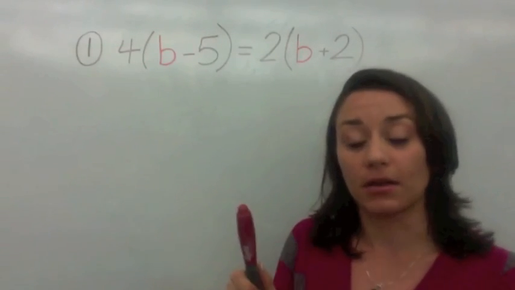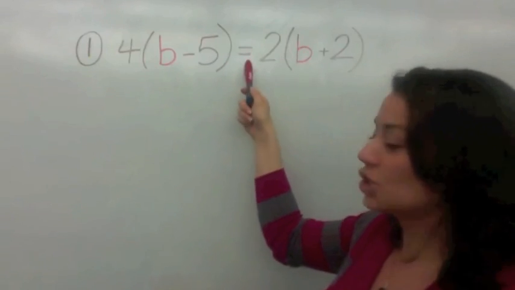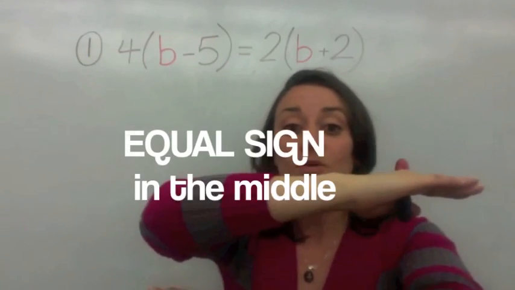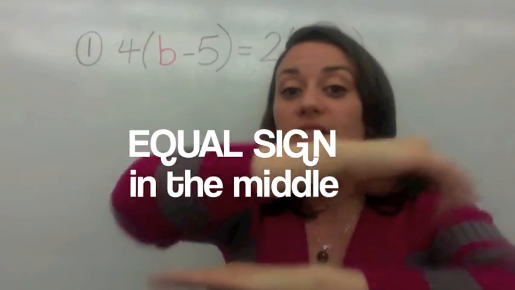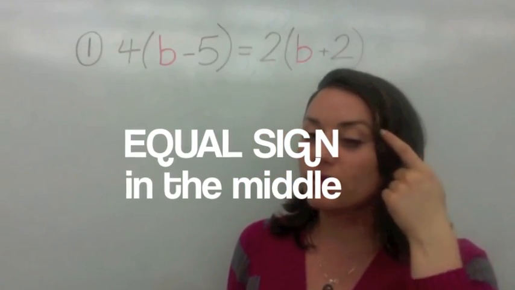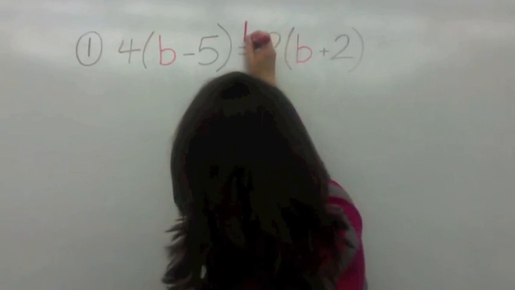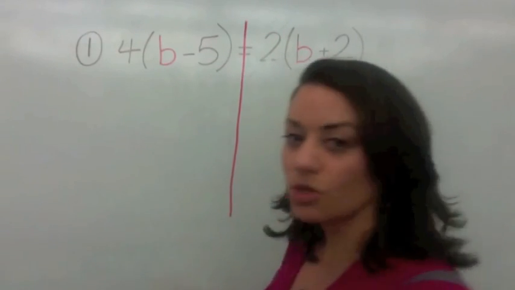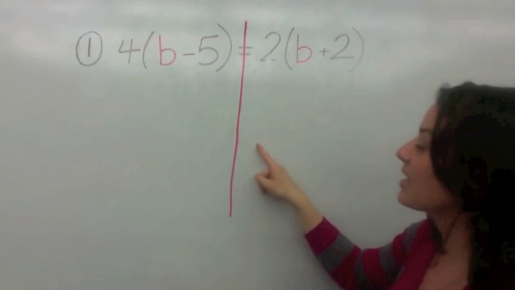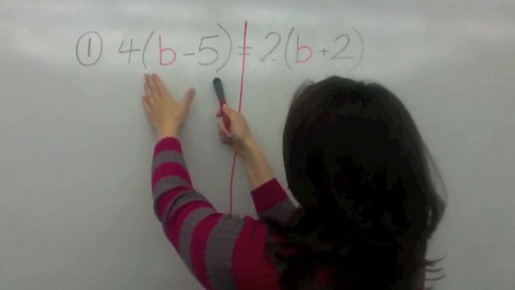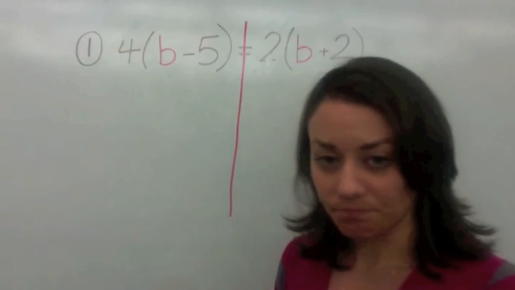What is in the middle of this equation? This is an equal sign. So when you see an equal sign in the middle, your first step, please, is to draw your first T. When you draw a T like this, it's saying that you have parentheses on this side and parentheses on this side, right?